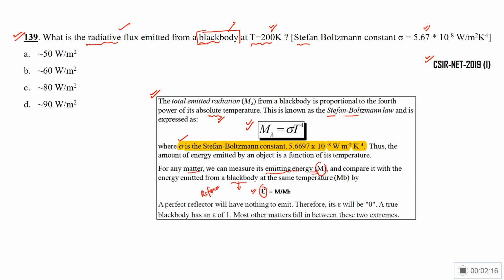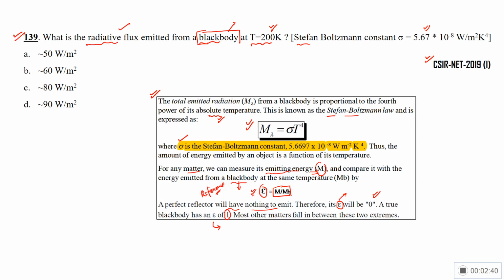The perfect reflector will have nothing to emit, therefore its emissivity, epsilon, will be 0, and a true black body has epsilon of value 1, but in nature a true black body is not present.